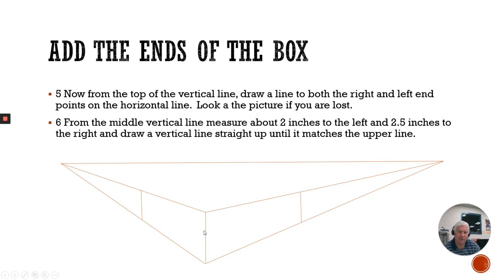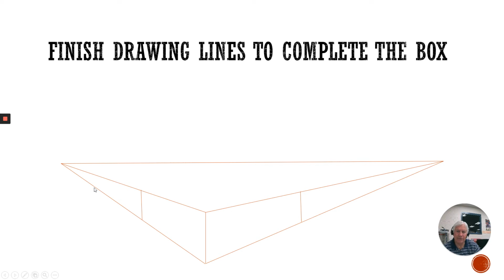Now I have the 2 sides of my box. And then you can probably guess what we're going to do. We're going to take from this point on the left, we're going to take it to the right. And then we're going to take this vertical line on the right, and we're going to go to the left all the way over. Okay, so let's see how that works.